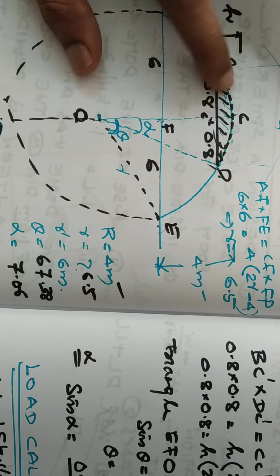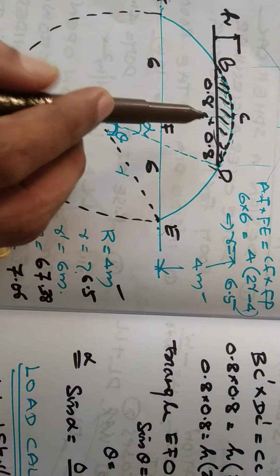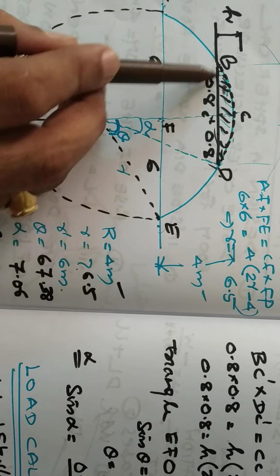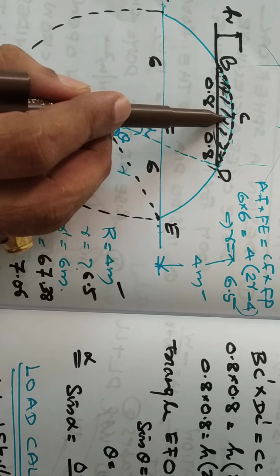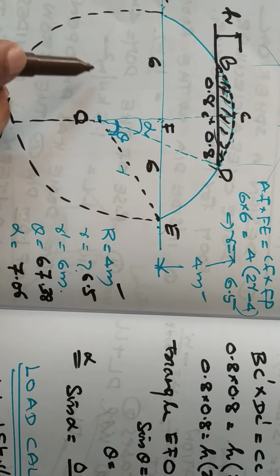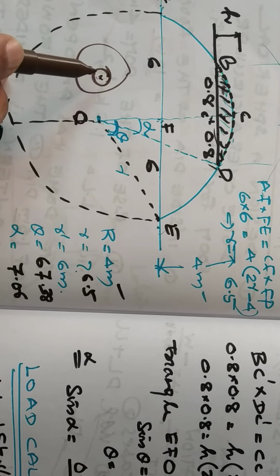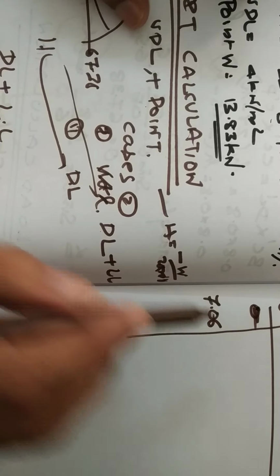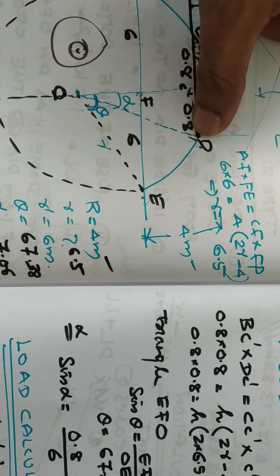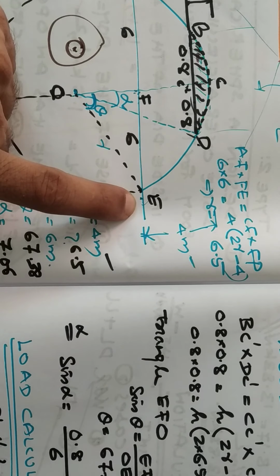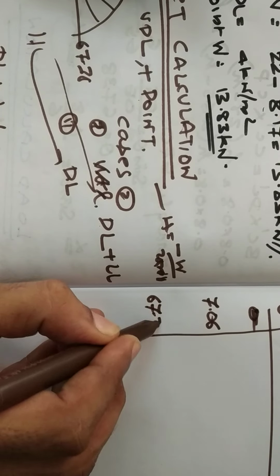Why can we avoid 0? Because at this location there is an opening only. When you see from the top, the dome has an opening at the top, so no load will come here. So 0 degree is not required. You can take 7.06, and the maximum here is 67.38 for theta. For these we will find out T and H.